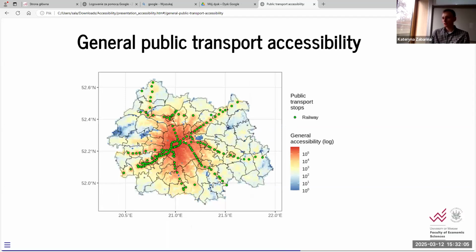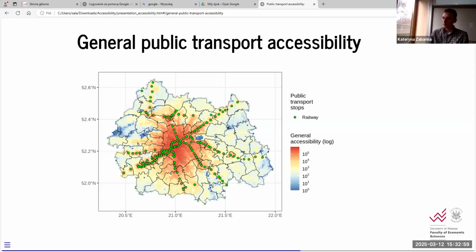Okay, so that's the main result of my research. This is simply the measure of accessibility, and with the green dots I indicated railway stops, because we can see a pattern: even if the points are far away from the city, there is some radial pattern, I would say, that follows to the center of Warsaw, with lines of higher accessibility, and it co-occurs with railway lines.